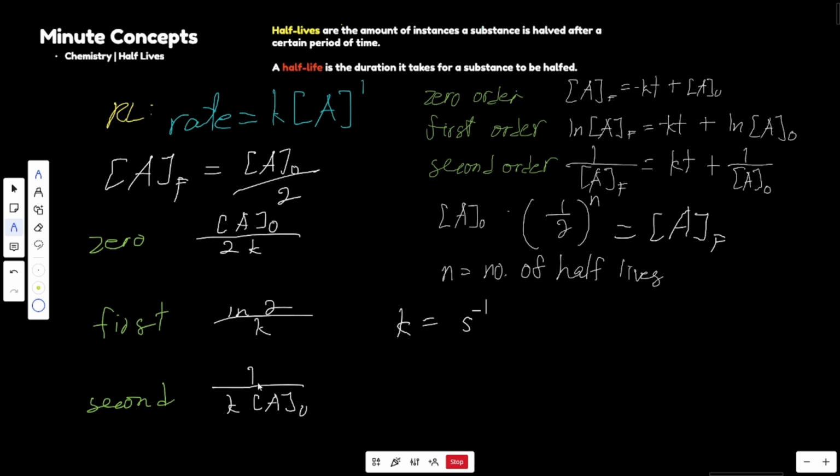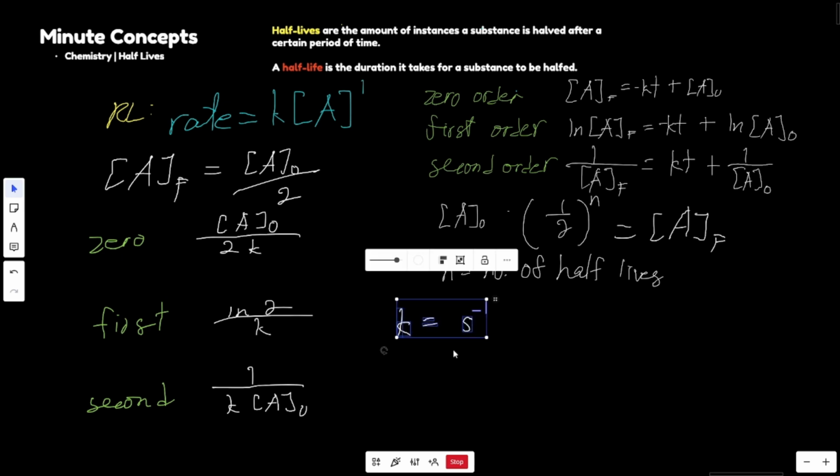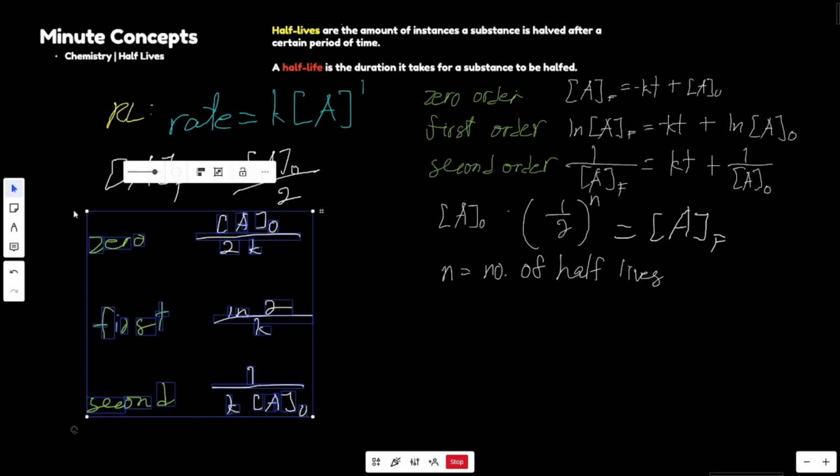Now for the zero and second, it does take into account the concentrations, and they're actually very resemblant of their own integrated rate laws. So those should be pretty straightforward. We just use them in the same way that we would our regular integrated rate laws.